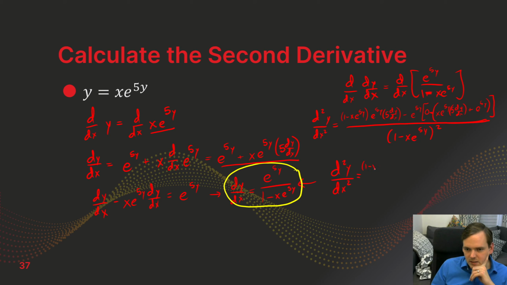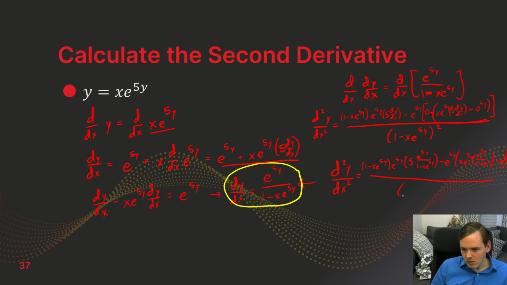So 1 minus x e to the 5y times e to the 5y times 5 e to the 5y over 1 minus x e to the 5y, minus e to the 5y times x e to the 5y times e to the 5y over 1 minus x e to the 5y, plus e to the 5y.